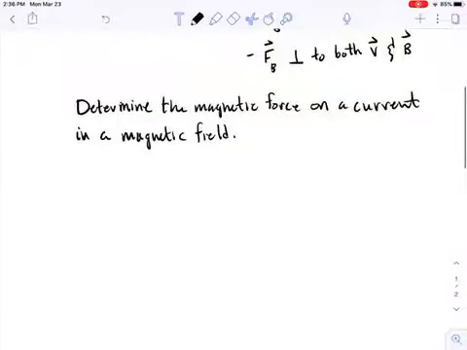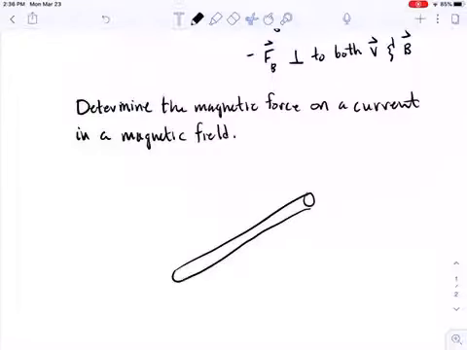Okay, so we'll start with a picture, and we'll say that we've got some wire that has some length L, and we have a current I in that wire. Okay, so if the current is moving in the direction indicated, then what we could imagine is some point charge Q in that wire moving with some drift velocity V in the same direction as the current.